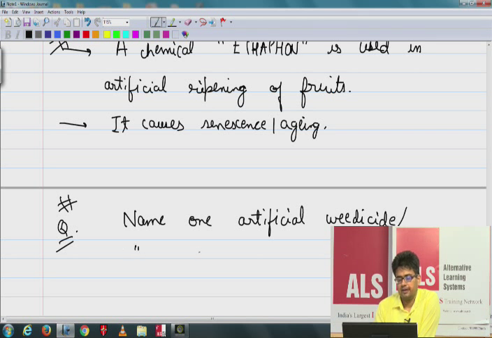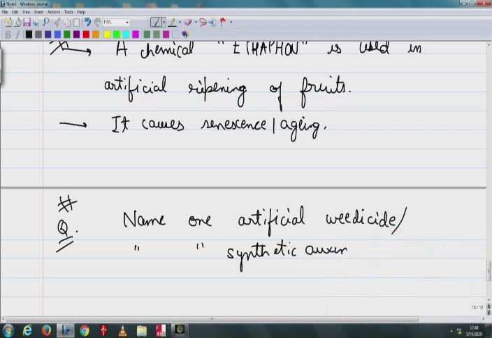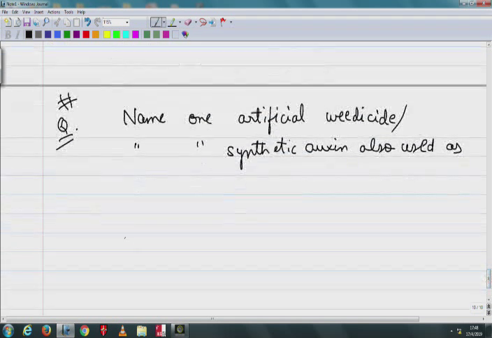Name one synthetic auxin. The question is asked in many different languages, in very different manners. Name one synthetic auxin also used as a weedicide. This is important, that is why I am labeling it at the end of the chapter. Also used as weedicide.